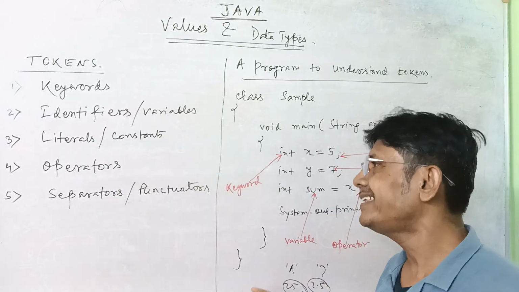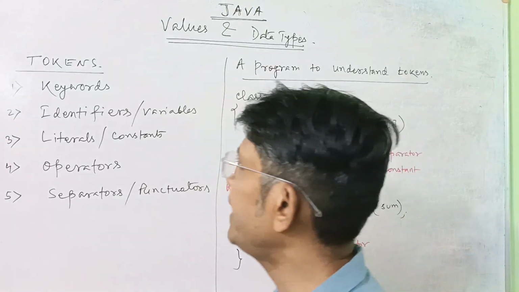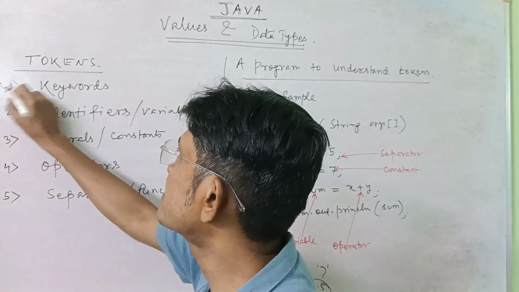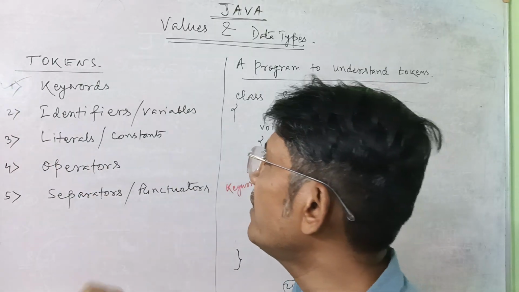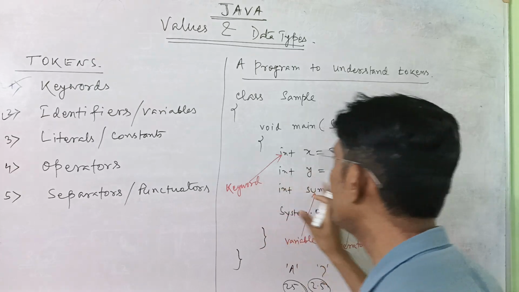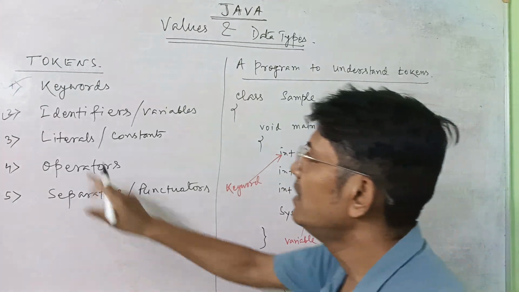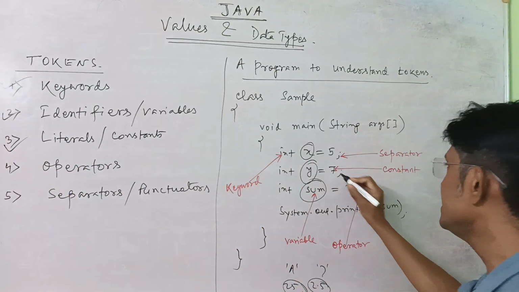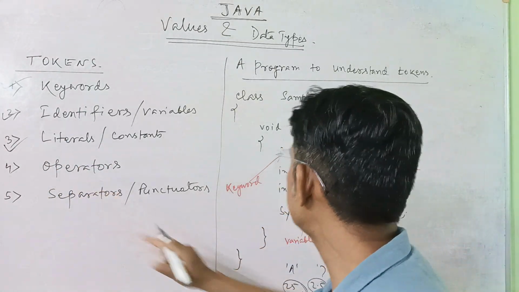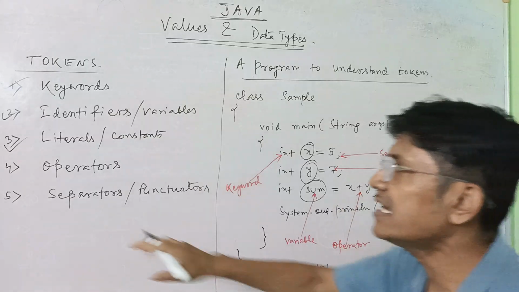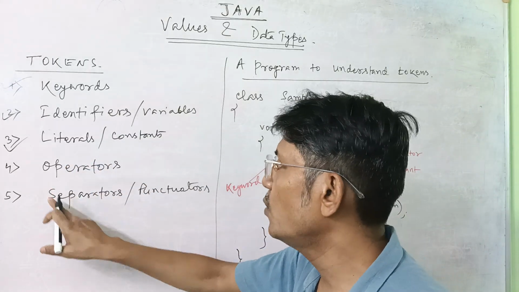I think this is clear. Today I have explained keywords, which are reserved in Java, and identifiers, the variable names. Literals are called constants. These are operators, which we will explain in detail later.